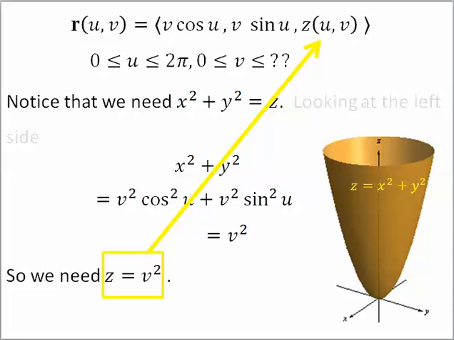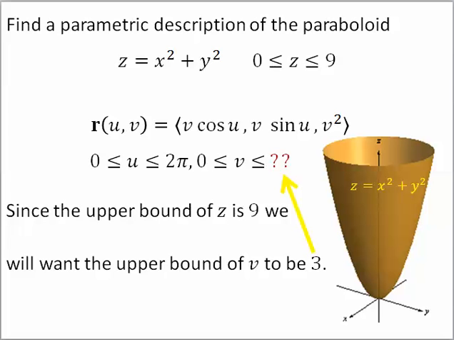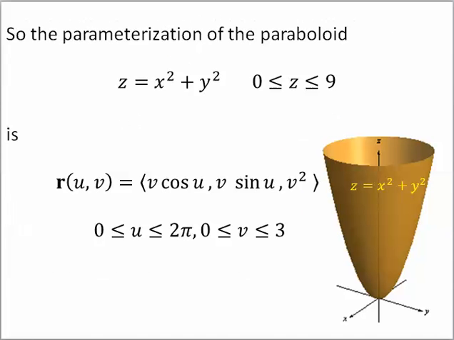And then it's not too much work to figure out what the bounds on v are. z is running from 0 to 9, and so we want the upper bound of v to be 3, because 3 squared is 9. So the parameterization of the paraboloid has been found, and this is what it is. All right, so take care, and I will see you in part 2.